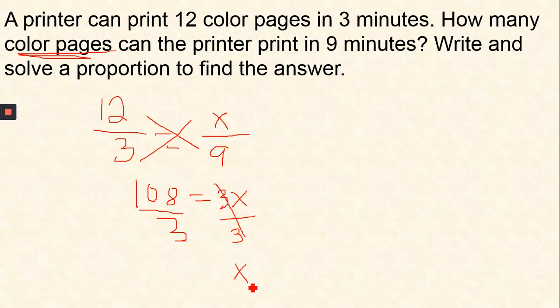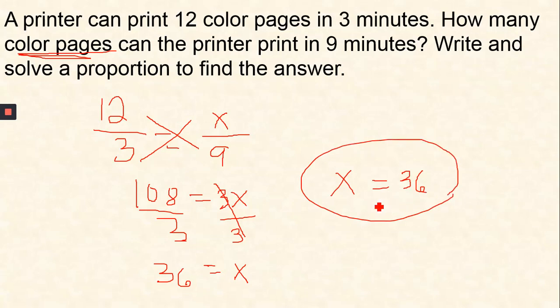So you have x here is equal to 108 divided by 3, that is equal to 36. So x now is equal to 36. Okay? So meaning to say the printer can print 36 color pages in 9 minutes.